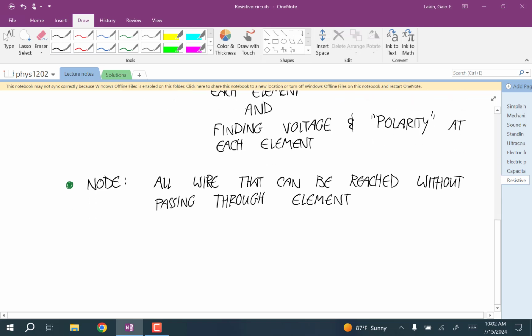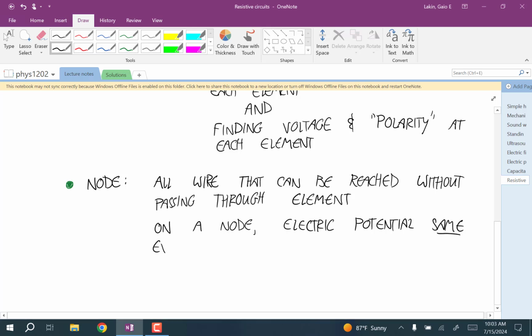And nodes are important because on a node, the electric potential is the same everywhere on that same node.